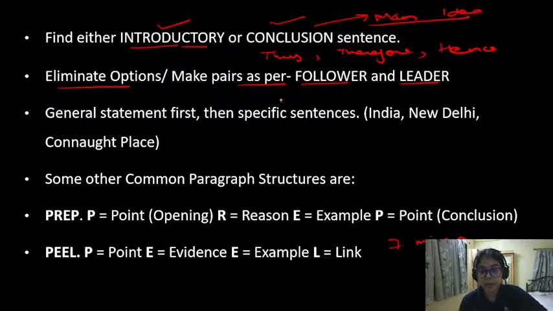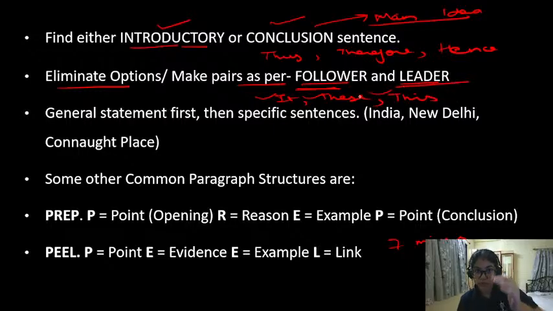For example, if a sentence starts with it, these, this, what is this pointing to? It is definitely pointing to something. This, that, these, it, all of these pronouns are pointing to something. So these sentences will be followers, and the sentence where the noun of these words is discussed will be your leader sentence.